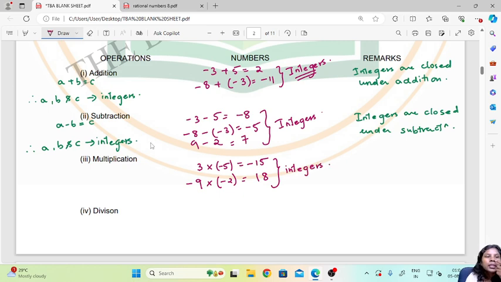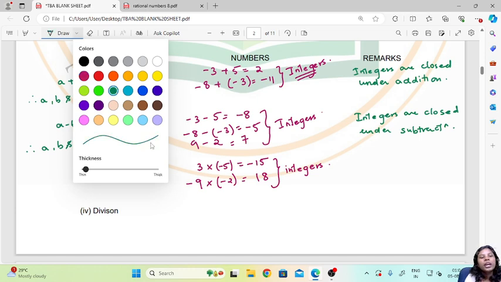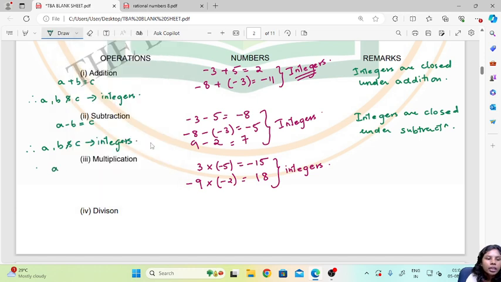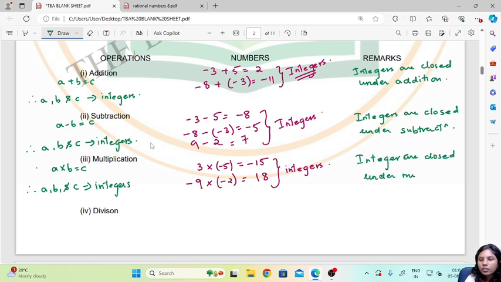So we can say that the same closure property is followed by integers as well. So a into b equals c, where a, b and c are integers, and integers are closed under multiplication.